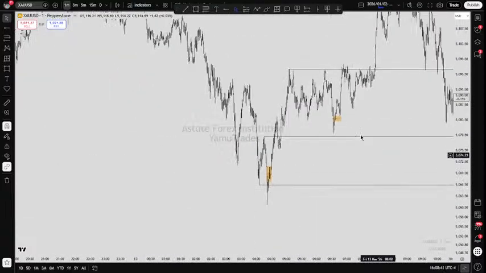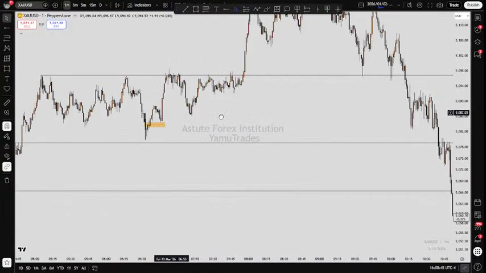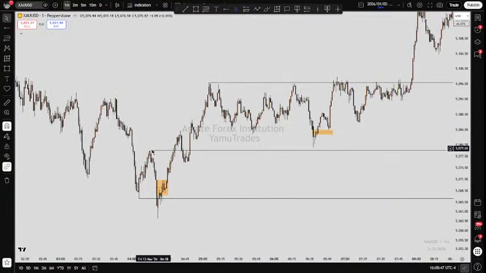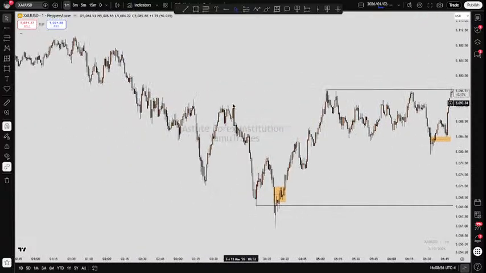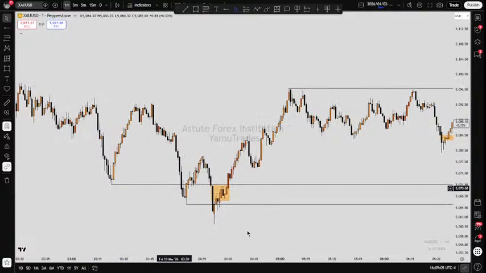So what do we have here? I'm gonna show you this. On 4 a.m. to, where is this thing? This is 3:25. So from 3:25 to here, we have what?